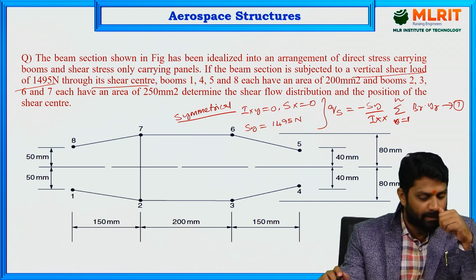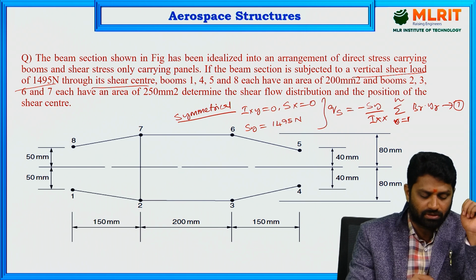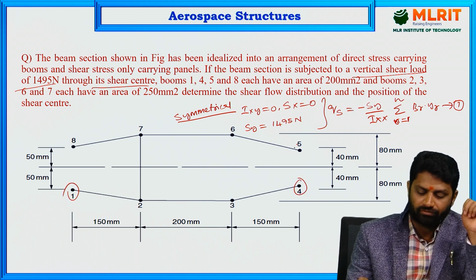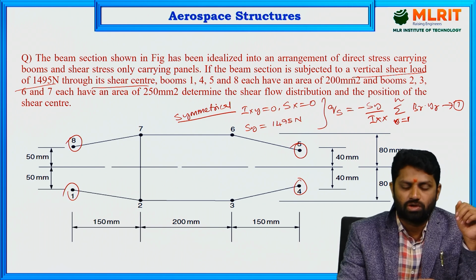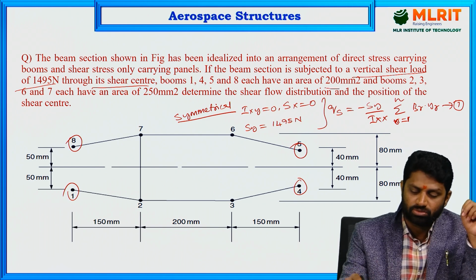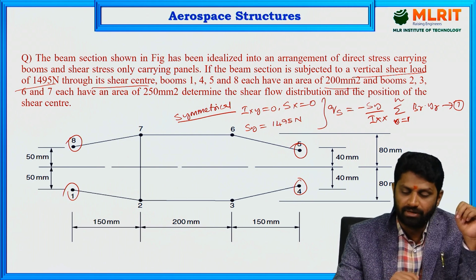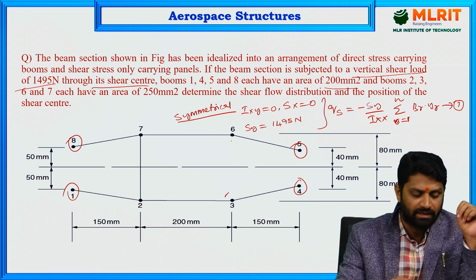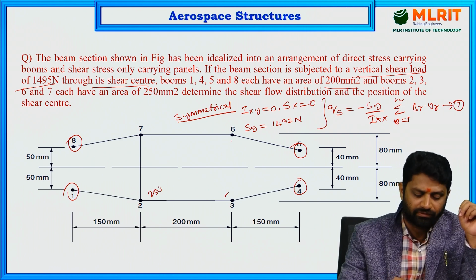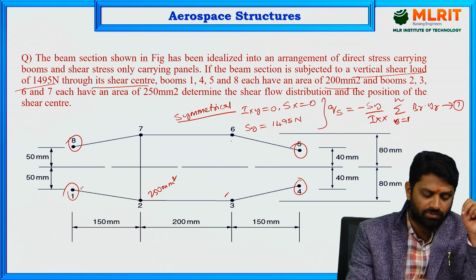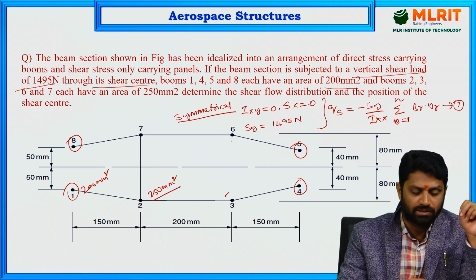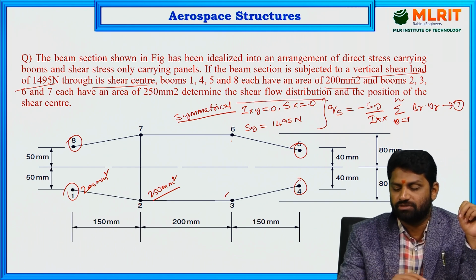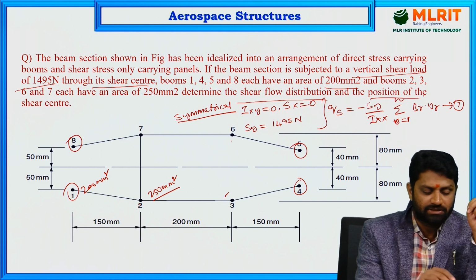He has given the boom areas for 1, 4, 5 and 8; you can consider these as corner booms. The corner boom areas are given as 2000 mm square, whereas the middle booms, that is 2, 3, 6, 7, have areas of 250 mm square. He is asking us to calculate the shear flow distribution, and thereby one more thing, the shear center.